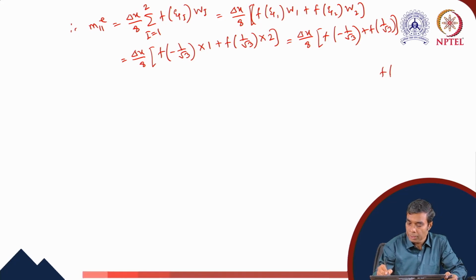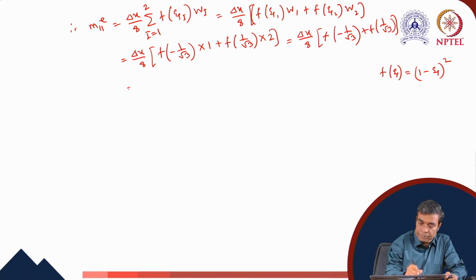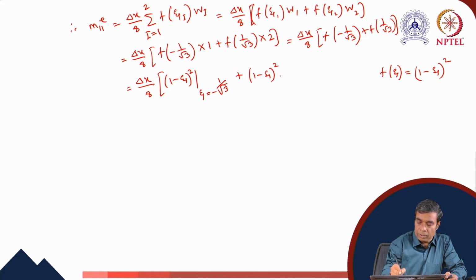Now f of xi is (1 minus xi) whole square. So here we can see that this reduces to delta x by 8 into (1 minus xi) whole square, where xi equals minus 1 by root 3, plus (1 minus xi) whole square, where xi equals 1 by root 3.